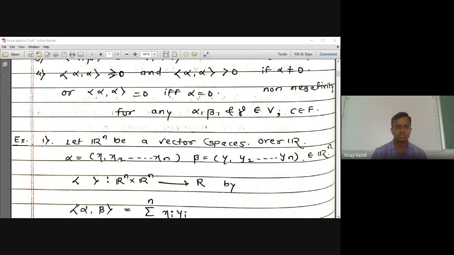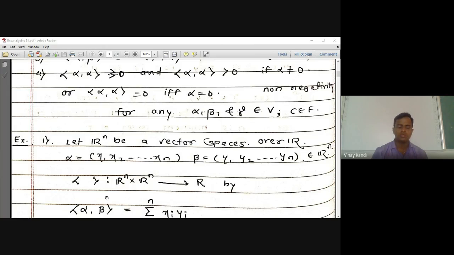So R raised to n is a vector space over R, and alpha, an element of R^n, can be written as alpha equals x1, x2, up to xn, and beta equals y1, y2, up to yn. These are two elements from R raised to n, which has n coordinates, where xi and yi come from R.